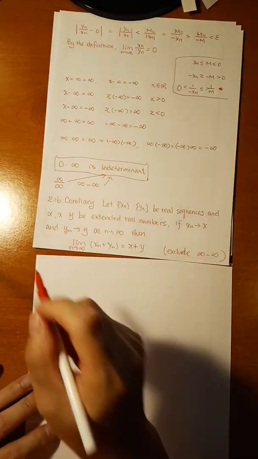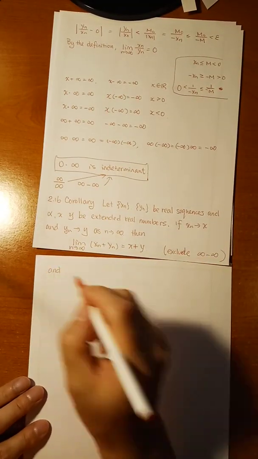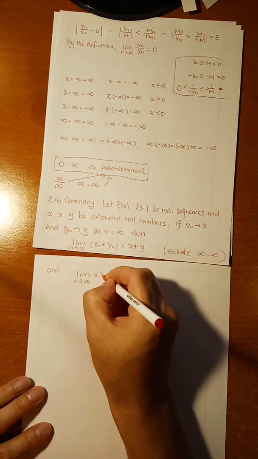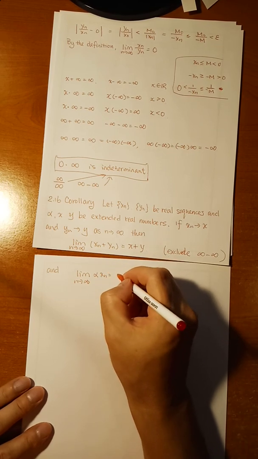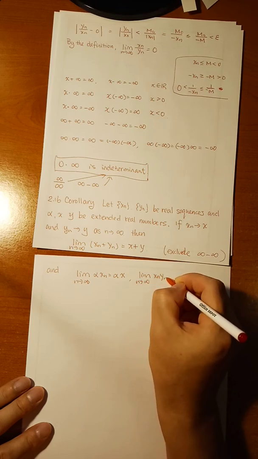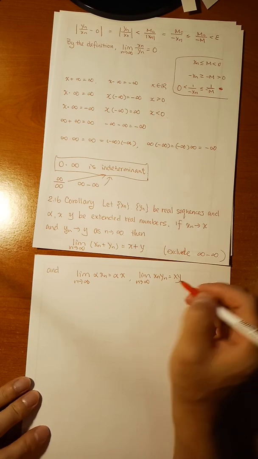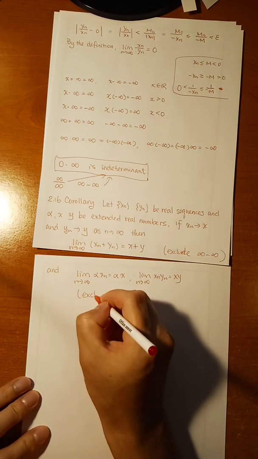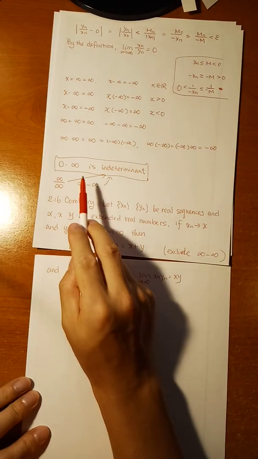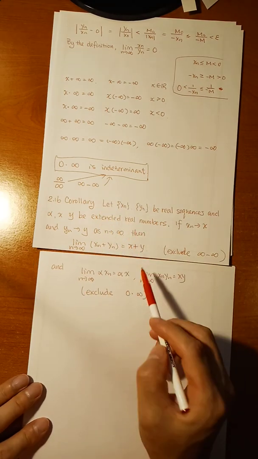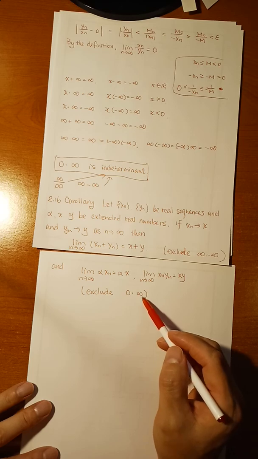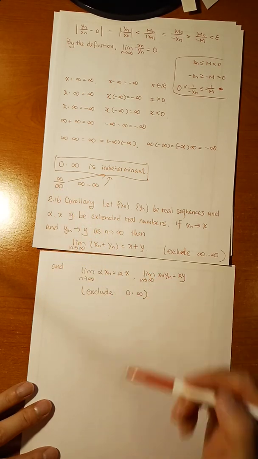And also the limit of alpha times xn is alpha times x, and the limit of xn yn is equal to xy. And this part excludes 0 times infinity. This is in the plus minus case. This is in the product case. All right? And actually this is in the quotient case, but it's not in the corollary, so we don't mention it.